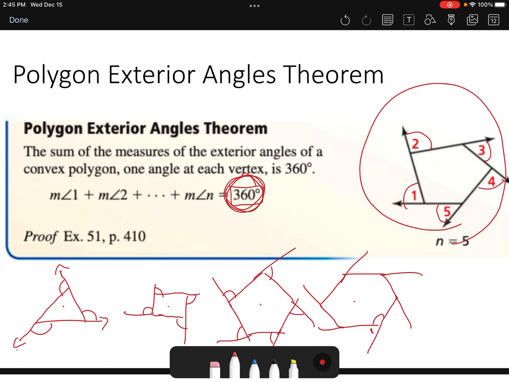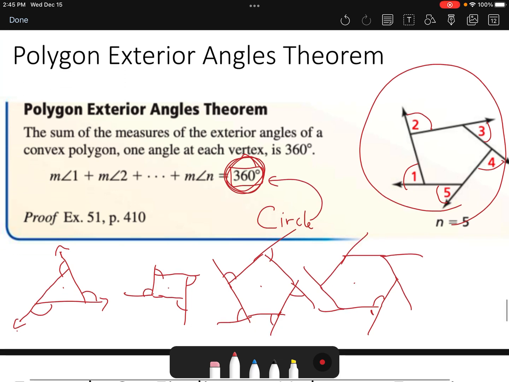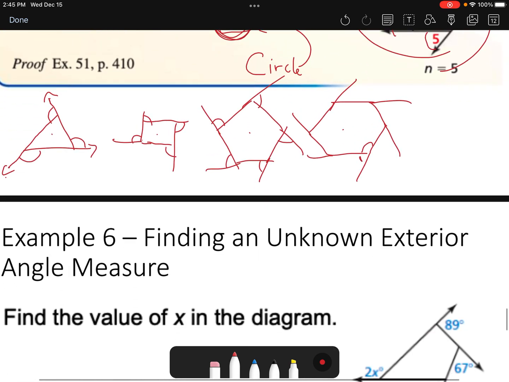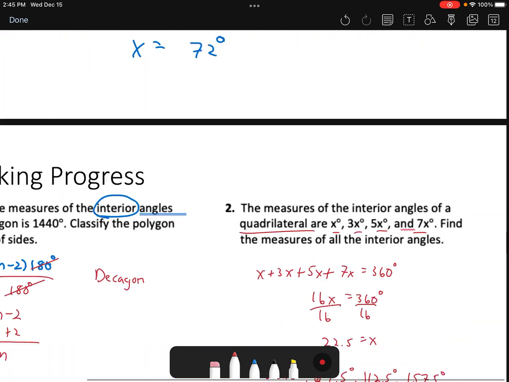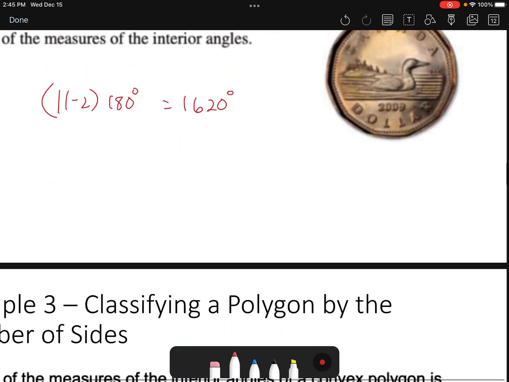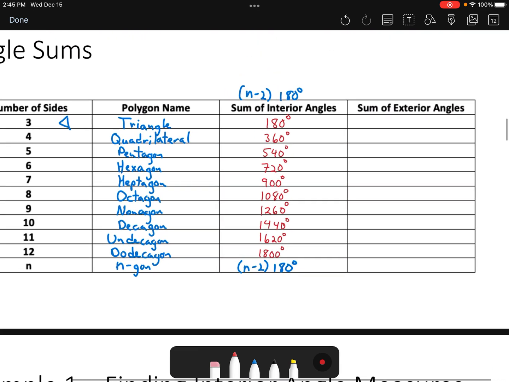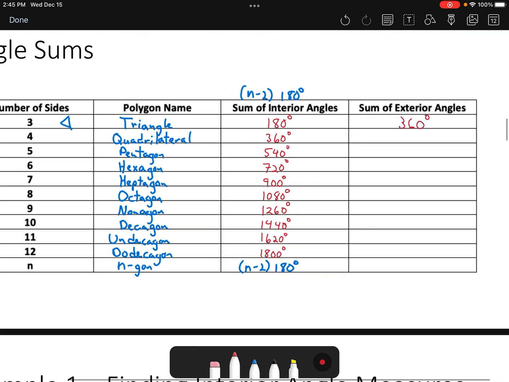And as those interior angles get bigger, the exteriors get smaller. And if you can see what's happening here, the more sides we add, the more the polygon looks like a circle. And thus, that's why the exterior angles equal 360.